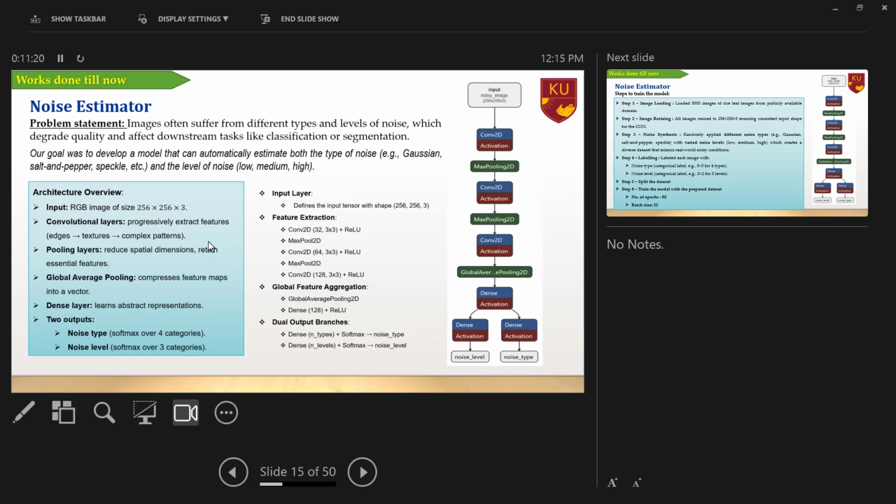In noise type, we initially have four classes: Gaussian, random, salt and pepper, and speckle. So four noise types and three levels of noise: low, medium, and high. Those are the outputs from the noise estimator, and this output will be treated as input for the next model, that is the expert denoiser model.